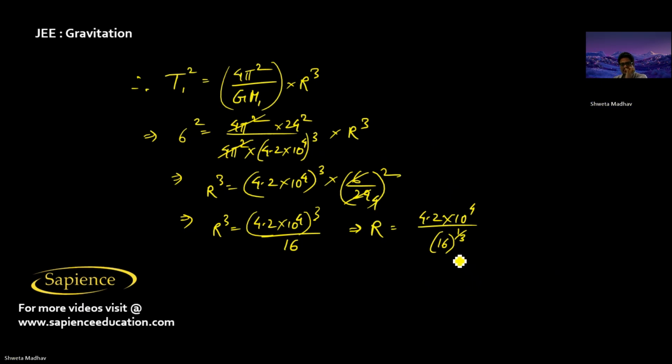Now 16 power 1 by 3, cube root of 16, that we can say will be approximately 2.52. R will be equal to 4.2 divided by 2.52, approximately into 10 power 4. So this will be approximately 1.67 into 10 power 4 kilometers.